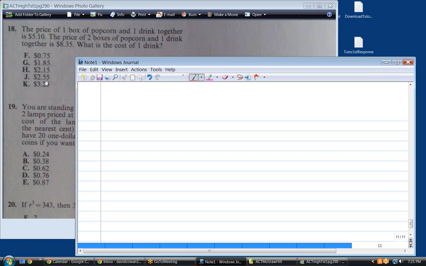And the reason will become apparent in a second. We're going to say one drink costs $1.85. Now, does this paragraph make sense if that is true?